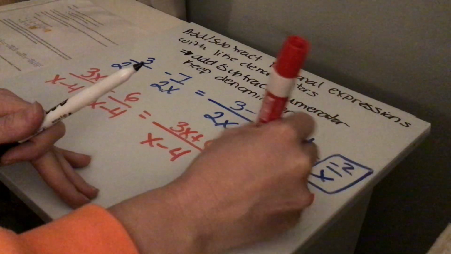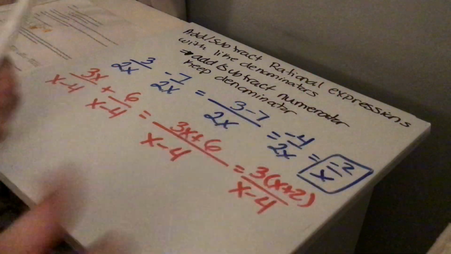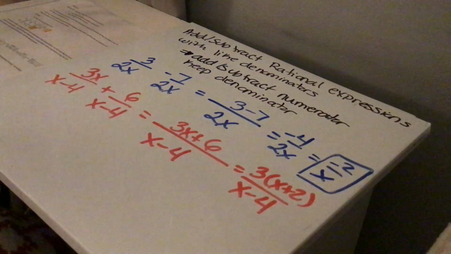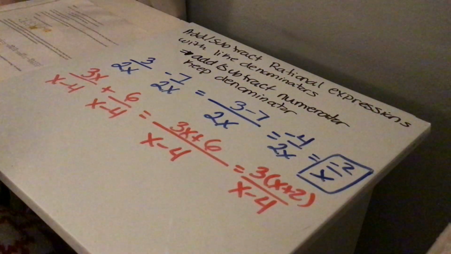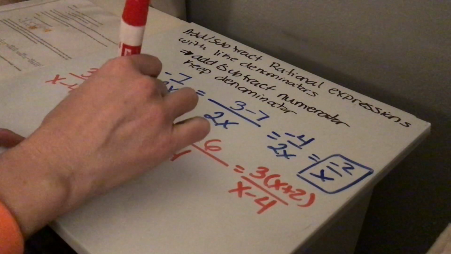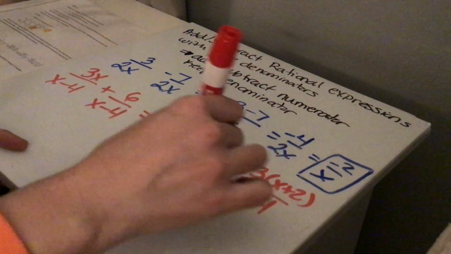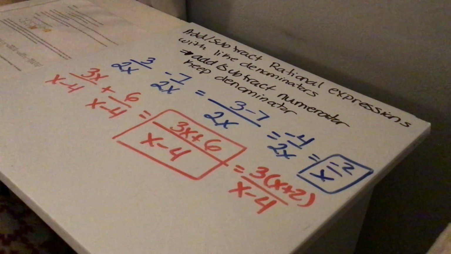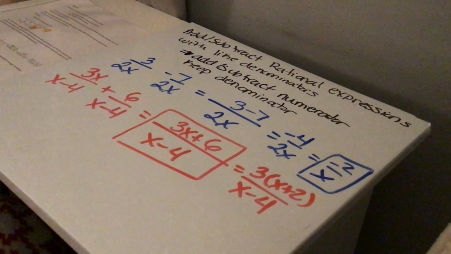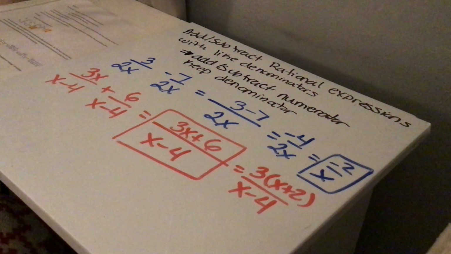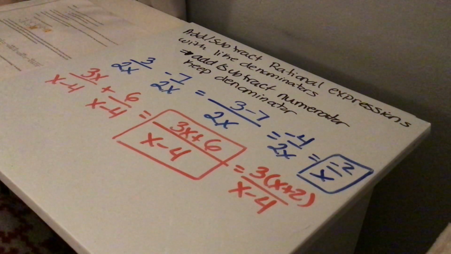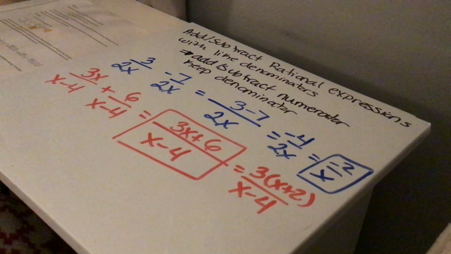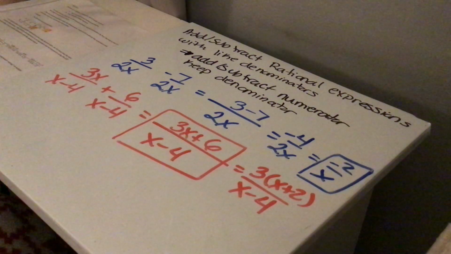You would get x plus 2. Does not help us too much because there's not common factors to both. So you can't simplify anything out. So we would leave it as 3x plus 6 over x minus 4. Okay? So it's the same as when they have the same denominator in a normal fraction. Just add or subtract their numerators.